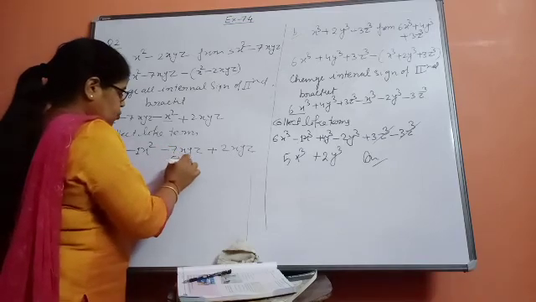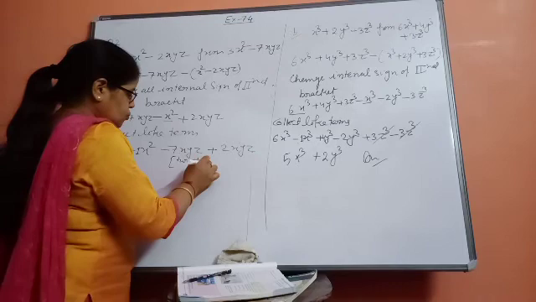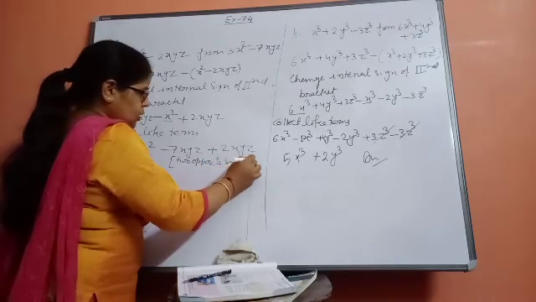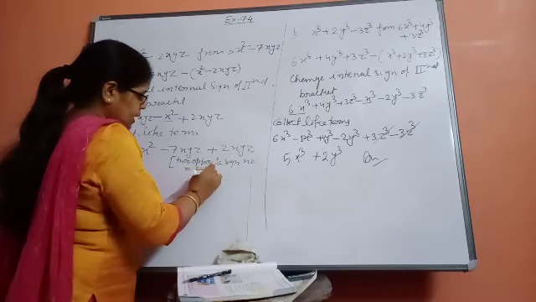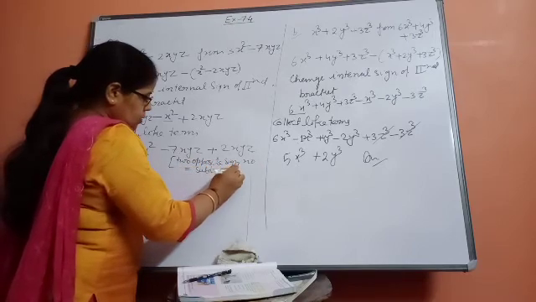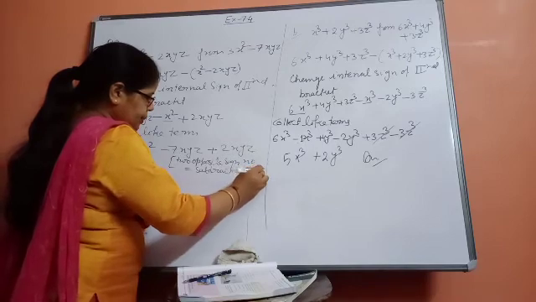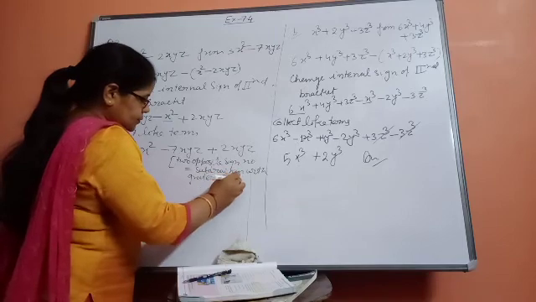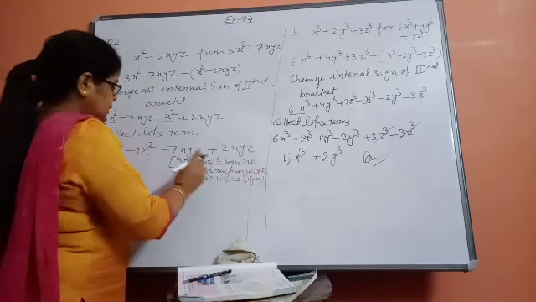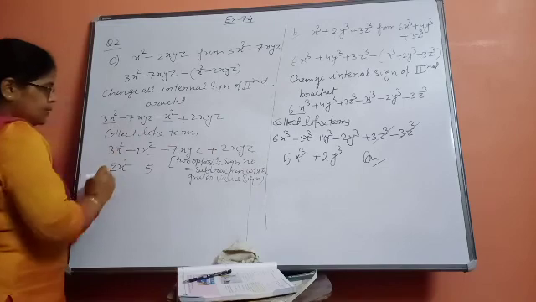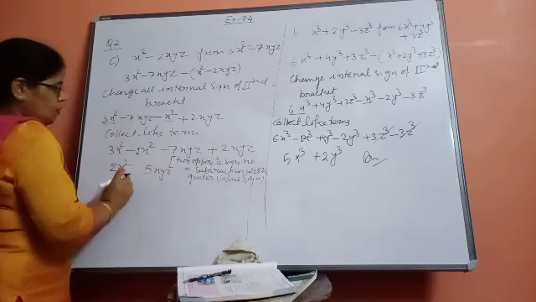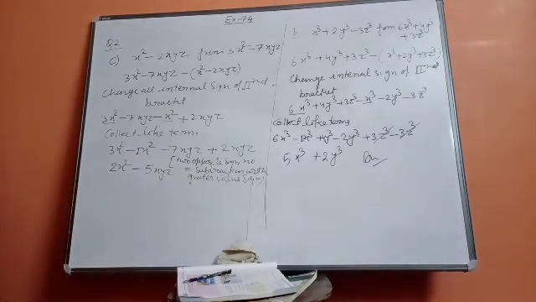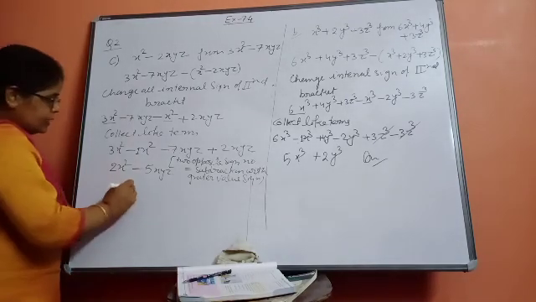I am writing here: two opposite sign numbers, the operation is subtraction. I taught you these rules, with the greater value sign. So subtract 7 minus 2, 5xyz. Okay. What the greater number having what sign? Minus. So 2x square minus 5xyz is your answer.